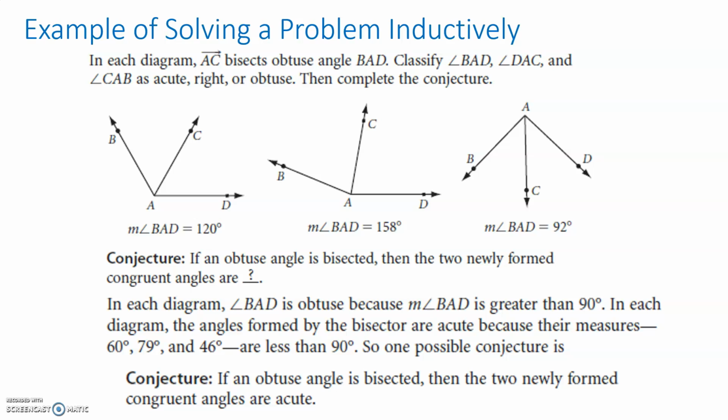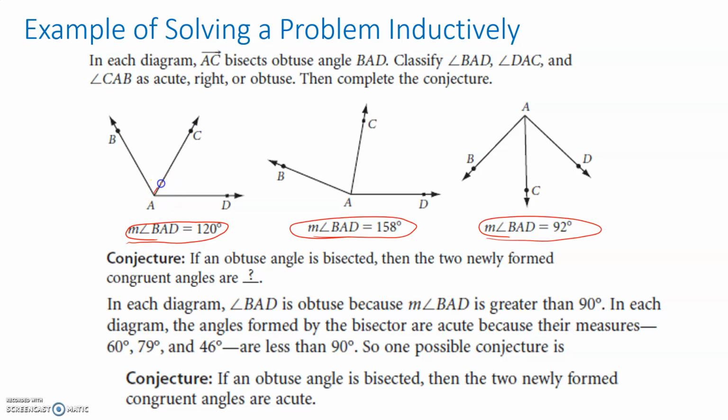Okay, now I'm going to take a problem and I'm going to solve it inductively from Section 2.2 and then deductively from this Section 2.4. So it says in each diagram, ray AC bisects obtuse angle BAD. So BAD is obtuse, greater than 90 in each case.